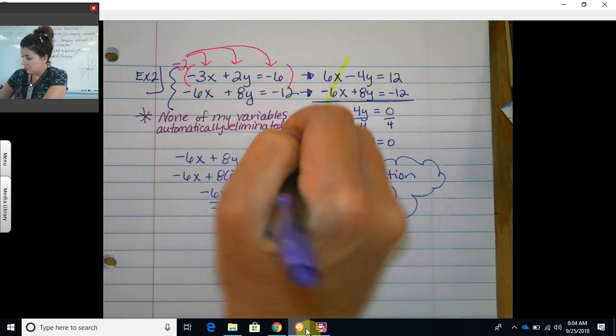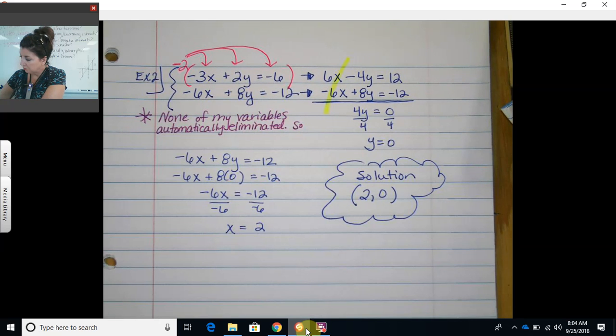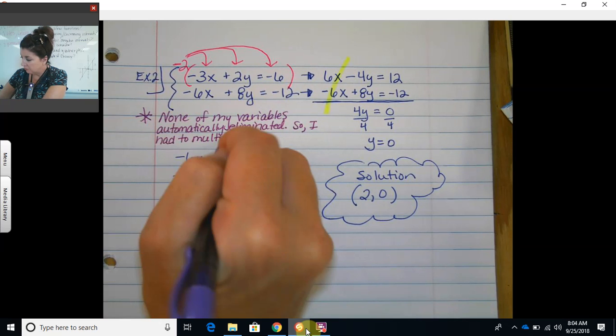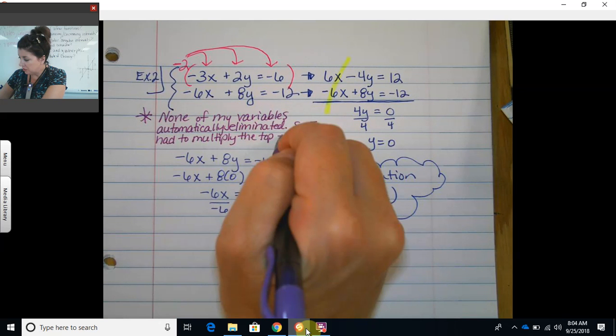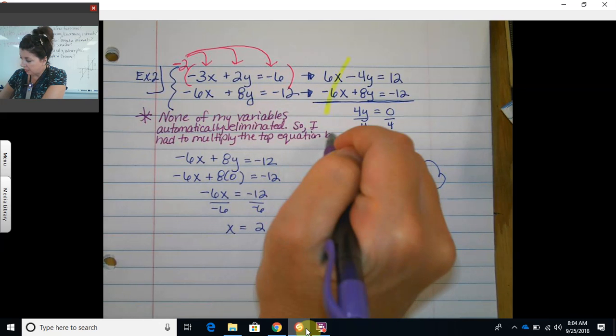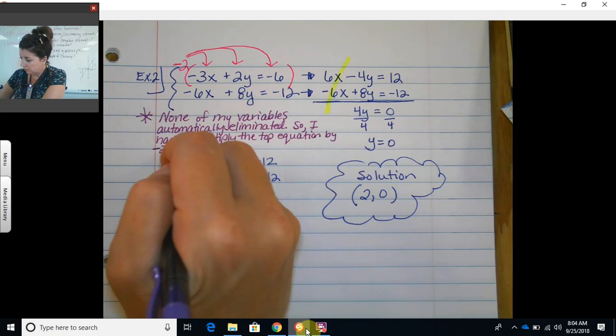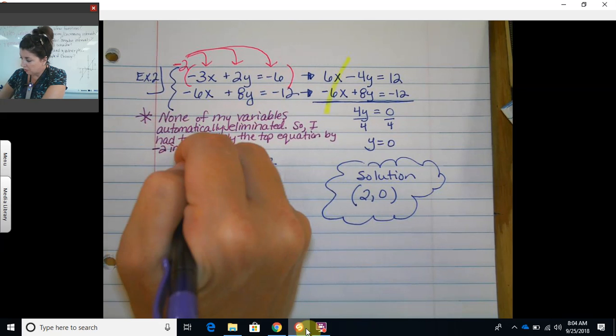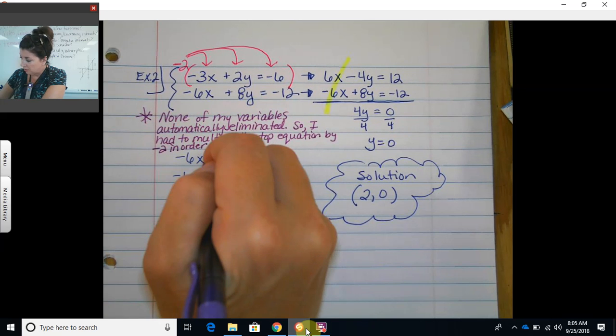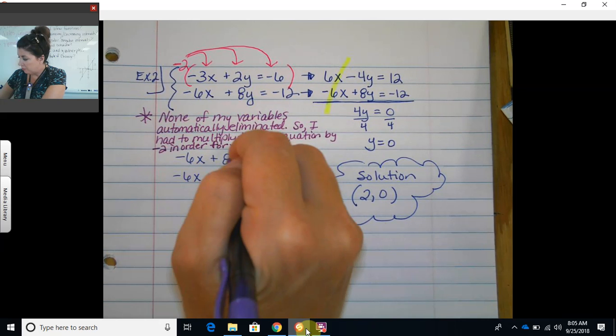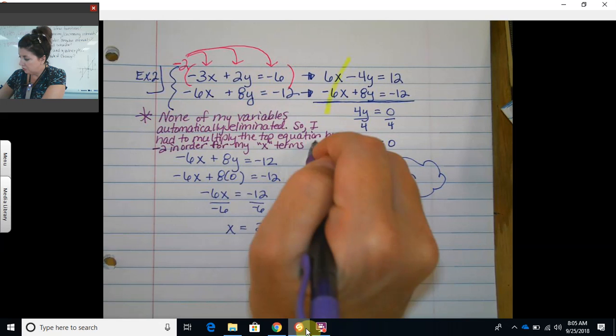So I had to multiply the top equation by -2 in order for my x terms to eliminate. Sorry, I squeezed that in there.